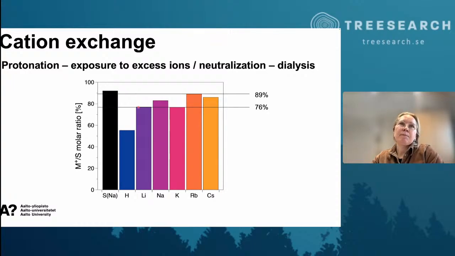The reasons behind the different inclusion levels are yet for me to resolve, but within this series we can get quite high levels of substitution. Of course, it's a somewhat simplified system because we don't vary, for example, the functional group content, which could be an obvious way of affecting the inclusion level.